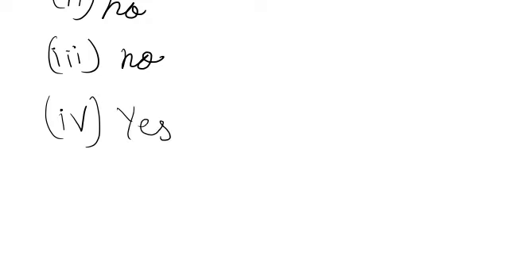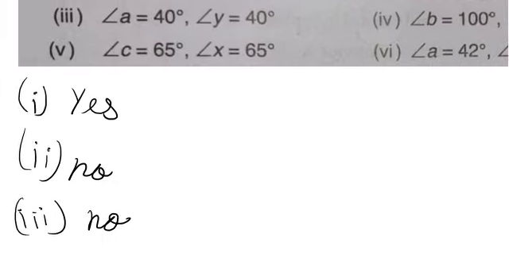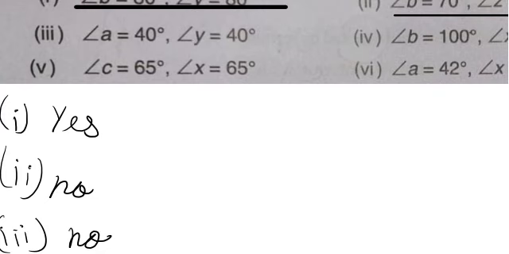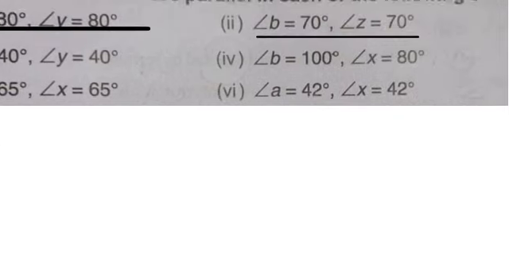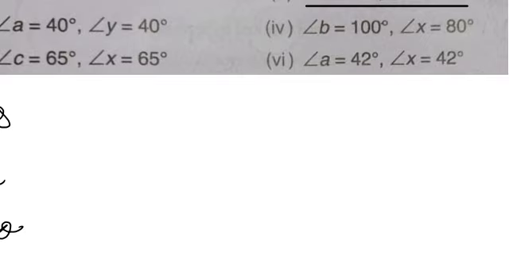Then what else do we have now? Angle C equals 65 degrees and angle Y equals 65 degrees, both of them are 65. So C and Y are co-interior angles. This is C and this is Y. Both of them are 65 degrees.